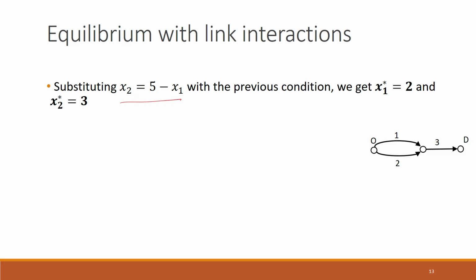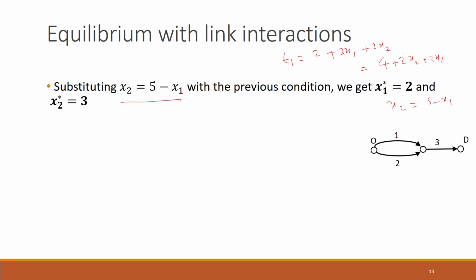Let us quickly see how we get this. T1 is equal to 2 plus 3x1 plus 2x2, and we are equating it to the expression for the travel time of link 2, which is 4 plus 2x2 plus 2x1. So, this is one equation, and the other equation that we have is that x2 is equal to 5 minus x1.